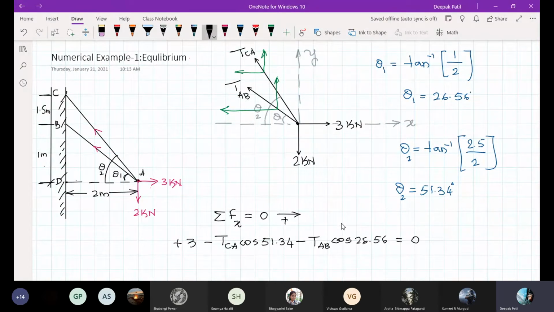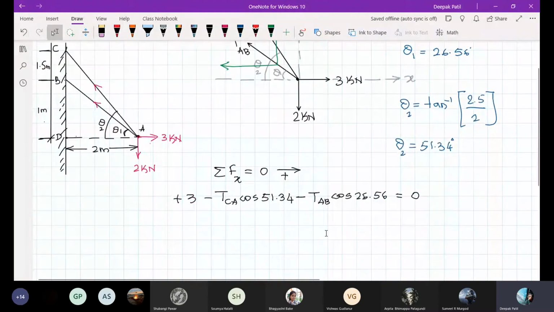Let me put it in a simplified format. Cos 51.34 is actually 0.62, so I write minus 0.62 TCA. Then cos 26.56 is 0.89, so I write minus 0.89 TAB.